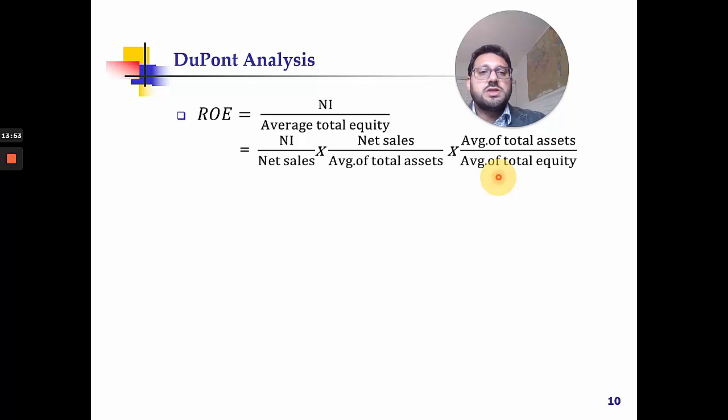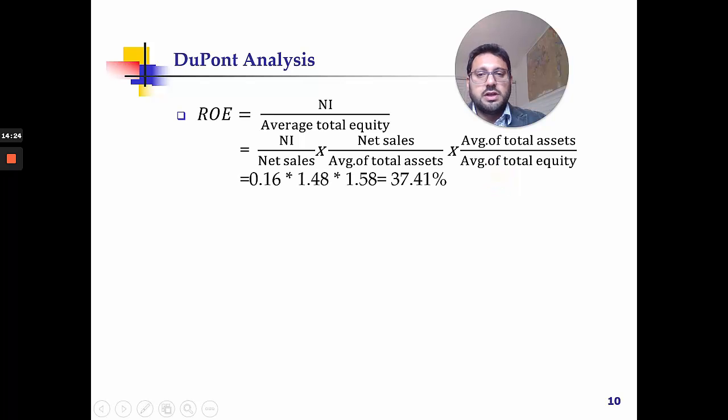This ratio will show us how much proportion of the asset is financed by the stockholders, right? If this number is high, it means more debt has been taken to finance the asset, and less equity is present in financing the asset. If this is low, it means that more equity is used to finance the asset.